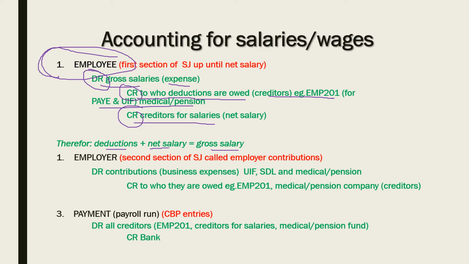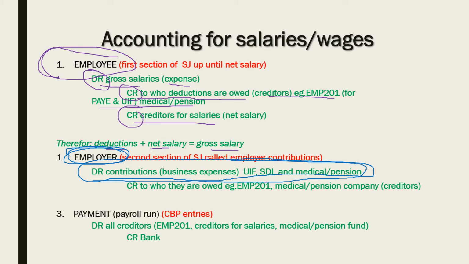Okay, then the second section, where we work with our employer. So the employer is who makes contributions for certain things. And I even mentioned briefly earlier that any contribution he makes is an expense. So we debit all of those different contributions, whether it's UIF, SDL, or medical aid and pension fund, you will go and debit them because they are business expenses.